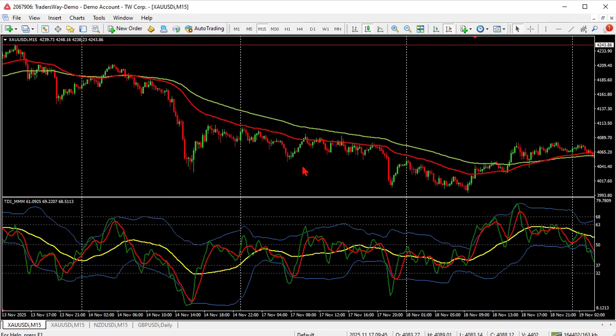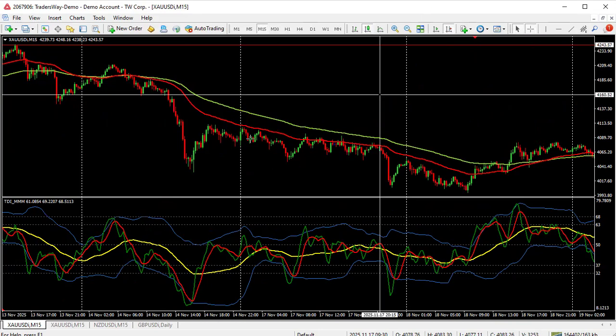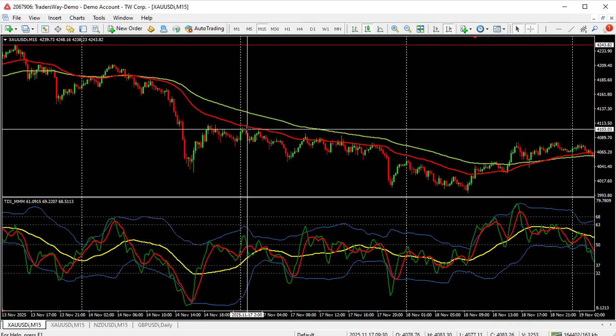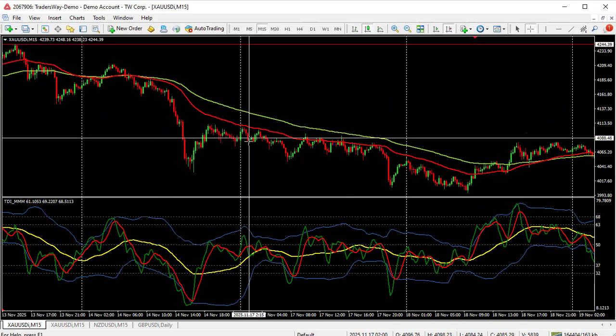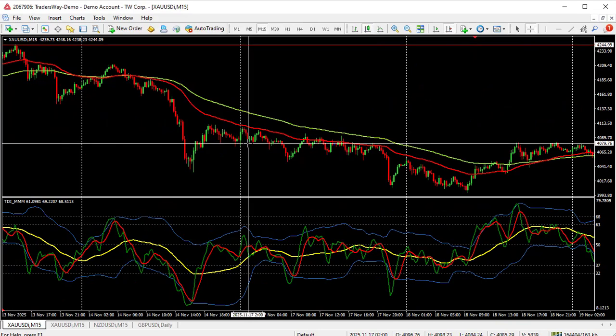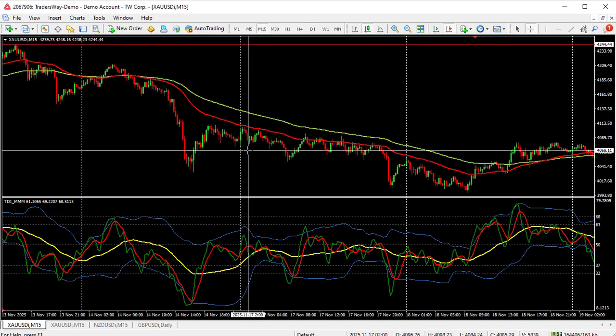Now, mind you, these are counter trend trades, which means they are short lived. They are not long term. These are trades where you can get in and get a few pips and get out to help you maximize your trade profits in the correct direction.